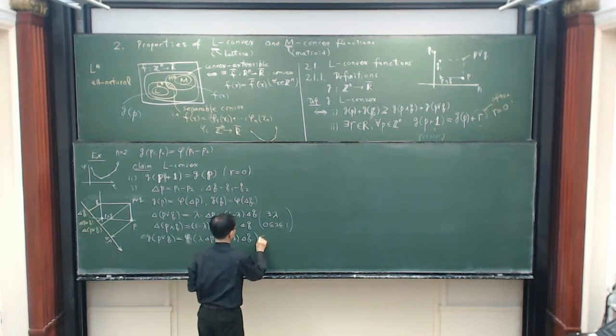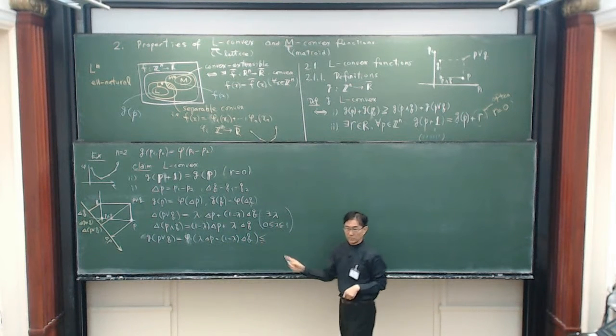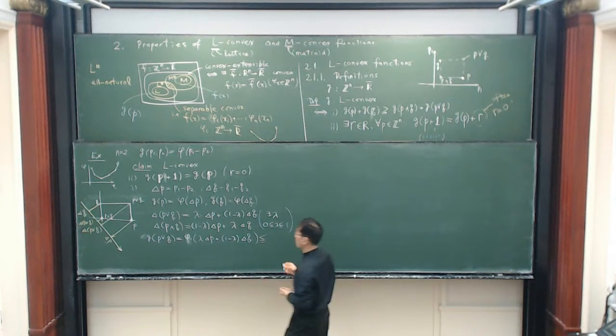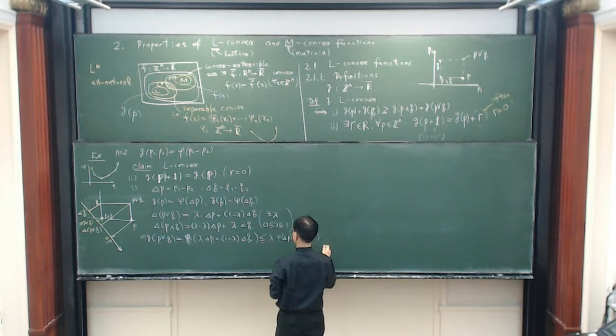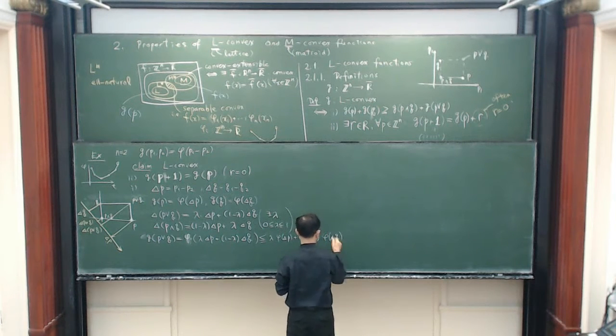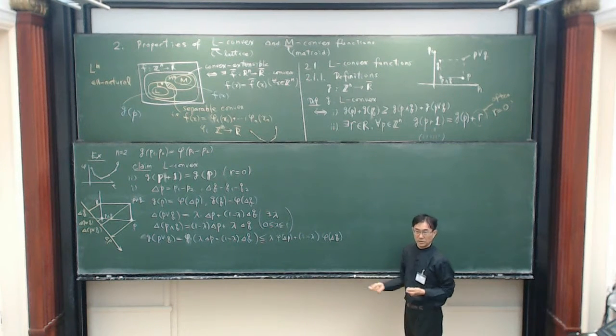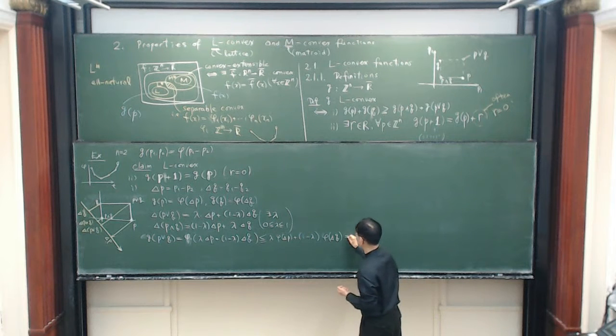And since phi is convex in one variable, this is at most lambda G of P plus 1 minus lambda G of Q, by convexity and by definition.